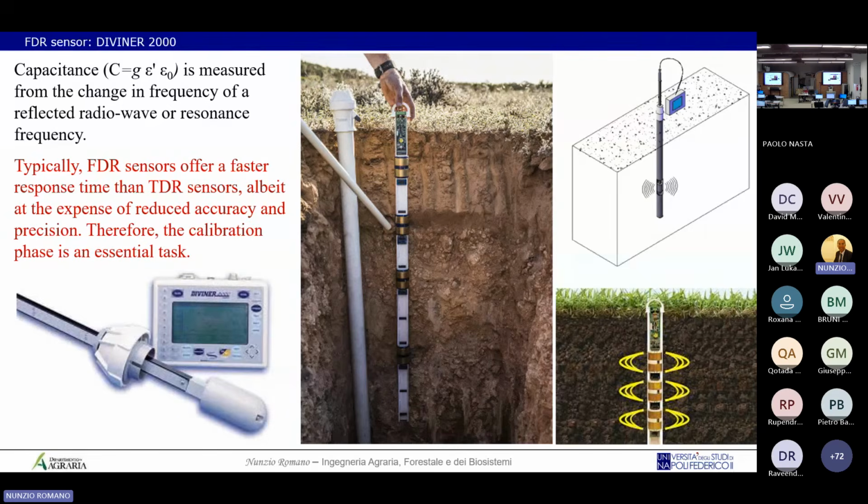The FDR sensor, one is the Diviner. The Diviner 2000 is the typical example of frequency domain reflectometry. That means this probe just measures the change in the electrical frequency.